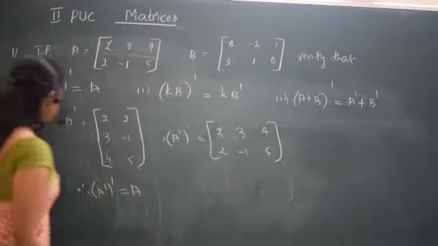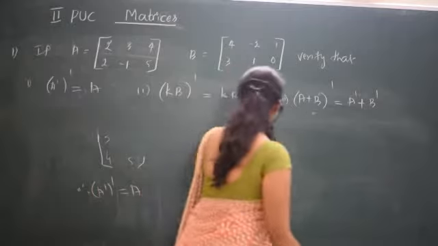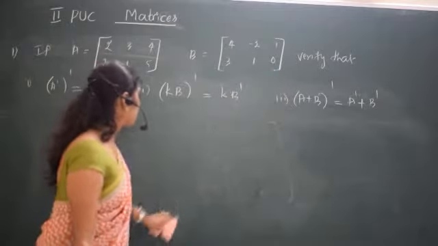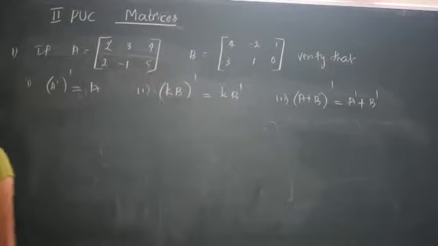Next, second one. What is that? To prove K into B whole transpose is equal to K into B transpose. So second one is a verification.